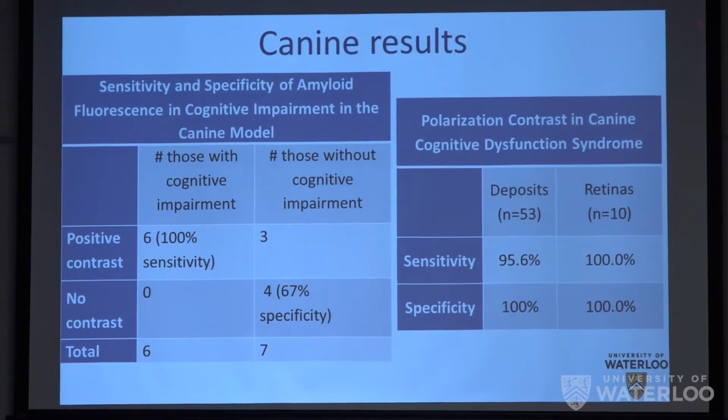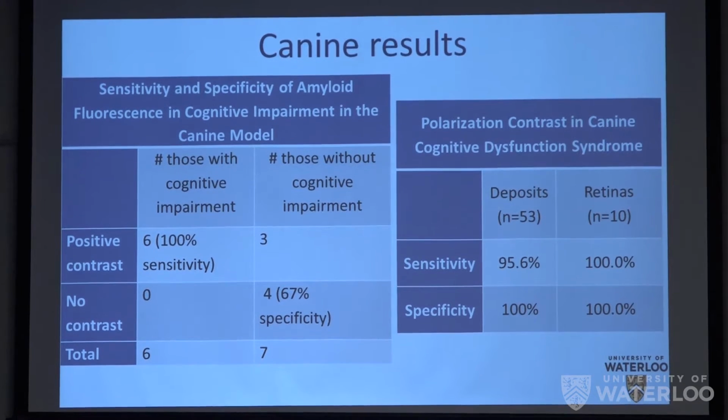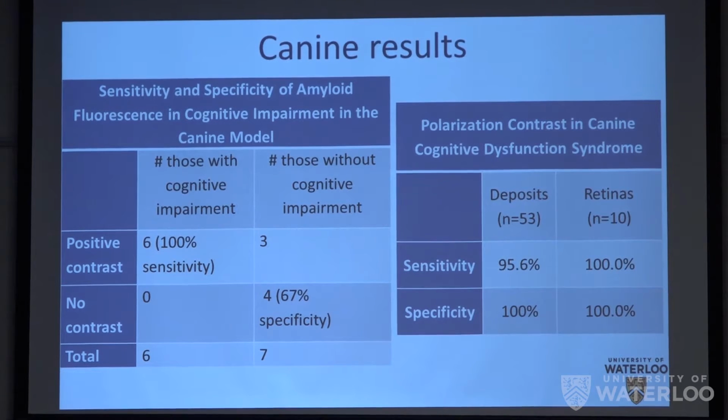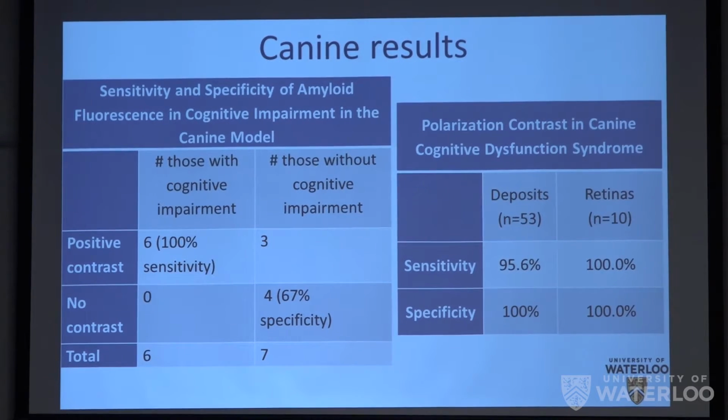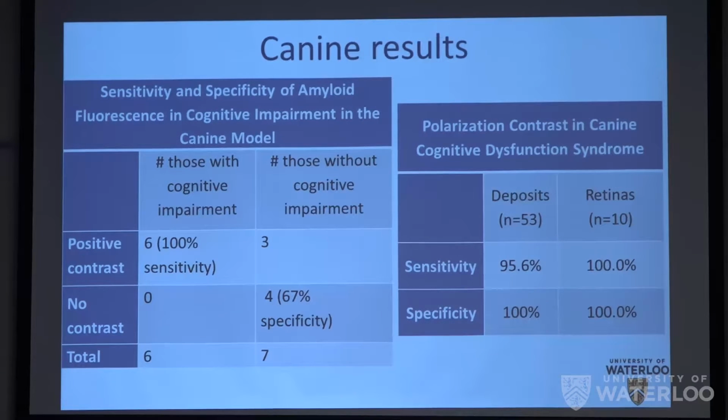And then when we do the polarization contrast, we're getting high sensitivity and high specificity for deposits in the retina. They can also then be imaged with polarization, and areas negative for amyloid can be well separated from areas positive for amyloid.